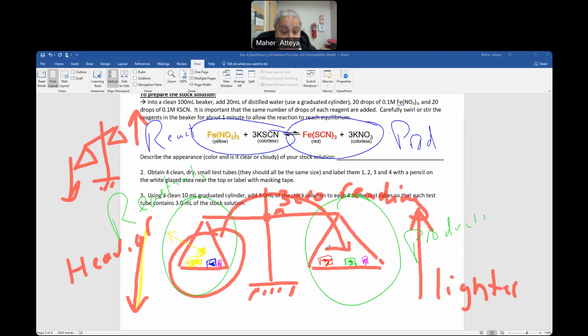Conclusion: when you add the yellow stuff, iron nitrate, to test tube number 2, the shift will be to the right.